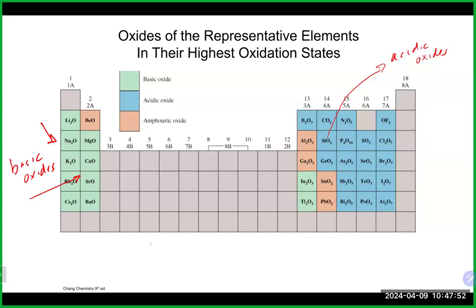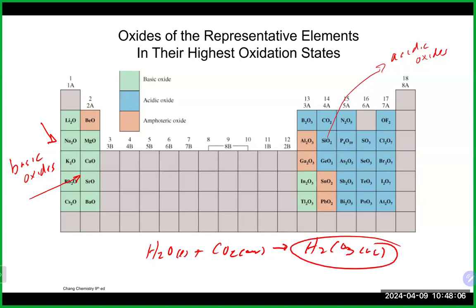So for example, if you took water plus a little carbon dioxide, it will form a little carbonic acid. This one here will form nitric acid and so forth. So a lot of these reacting with water is where we'll get a lot of our acids formed, especially from our non-metals.